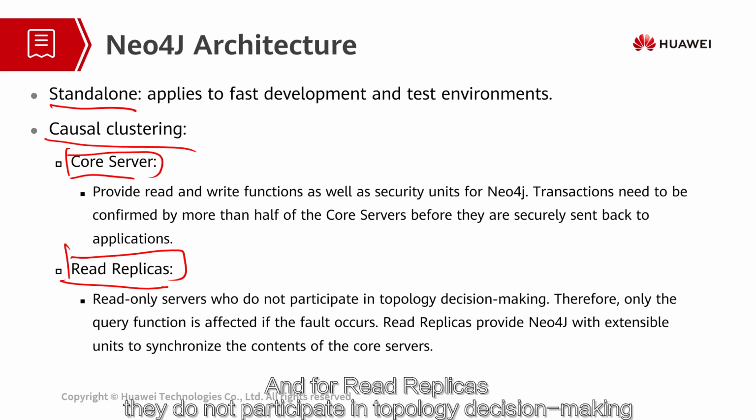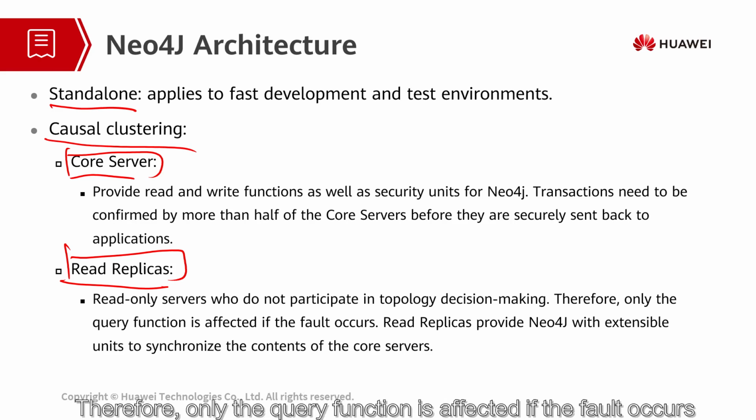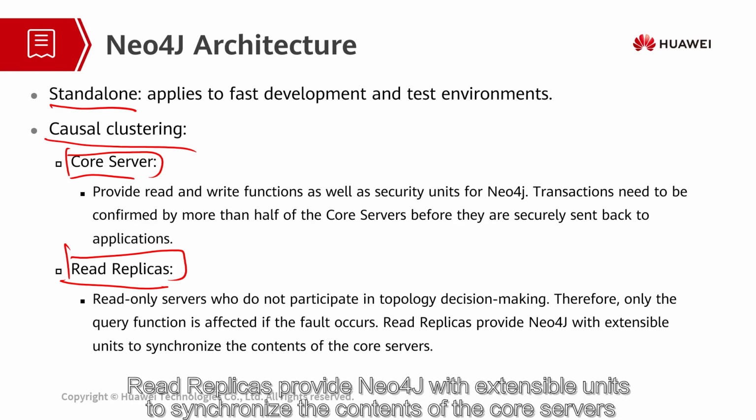And for read replicas, they do not participate in topology decision-making. Therefore, only the query function is affected if the fault occurs. Read replicas provide Neo4j with extensible units to synchronize the contents of the core servers.